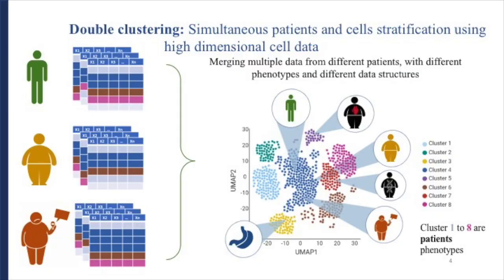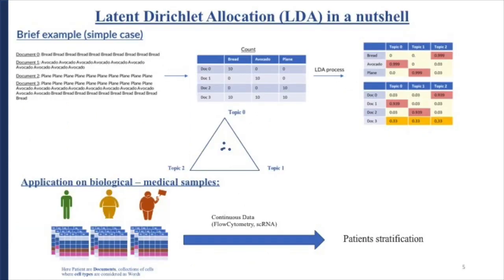Imagine we have different types of patients like lean, obese, and obese diabetic patients, and for them we have different matrices of data. By regrouping these matrices, applying clustering and reducing the dimensionality, we want to find clusters of cells associated to different types and phenotypes of patients, and identify phenotypes of patients that are related to phenotypes of cells.